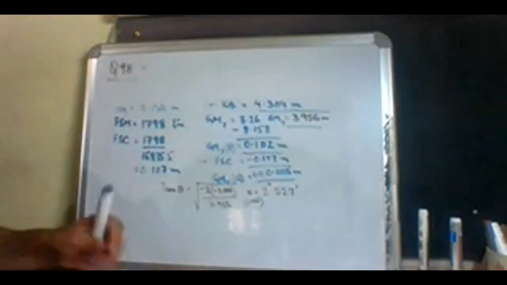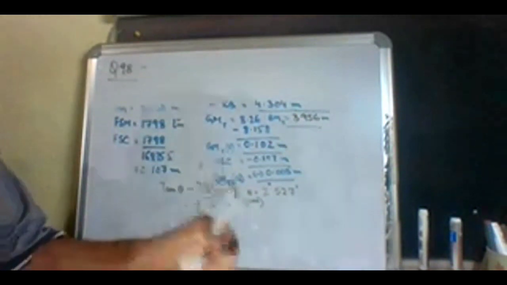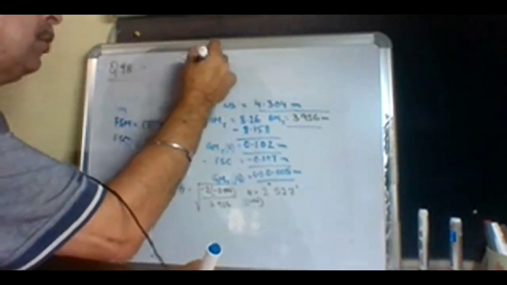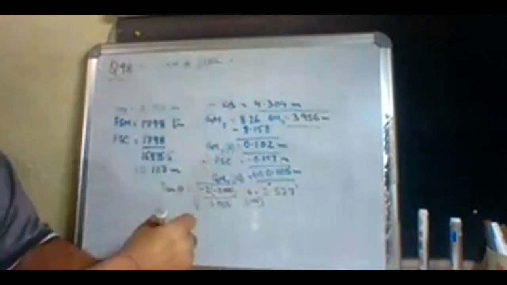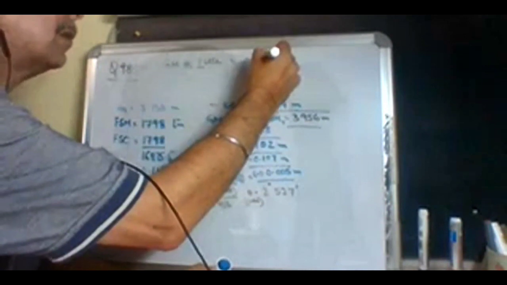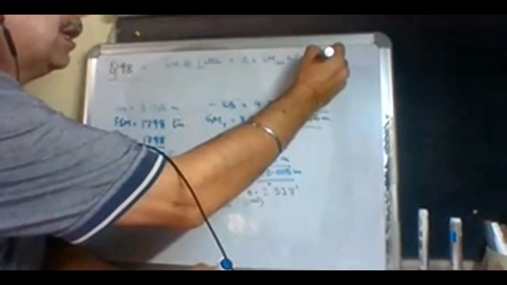Next, the same question says, also calculate her GM at angle of Loll. Now, GM at angle of Loll for a wall-sided vessel is given by one formula. You can write down: twice into GM initial into sec of angle of Loll.